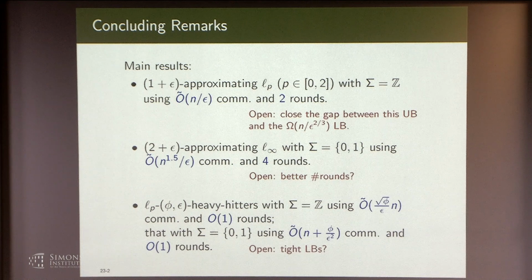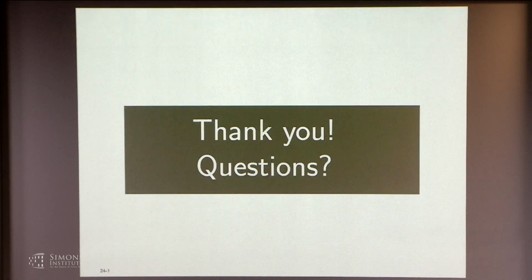People really want 1 round or 2 round communication. If you talk to database people and say I need log n rounds, they will not be interested. So even 4 rounds is a bit expensive. Can we reduce this to 2 rounds, for example? And for heavy hitters, we only get upper bounds, and we haven't thought about lower bounds. So everything is open. Okay, so I think that's all I want to say.